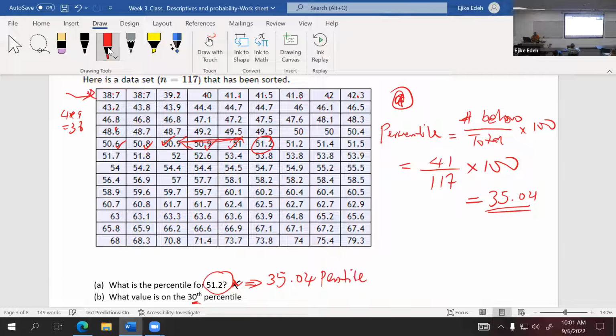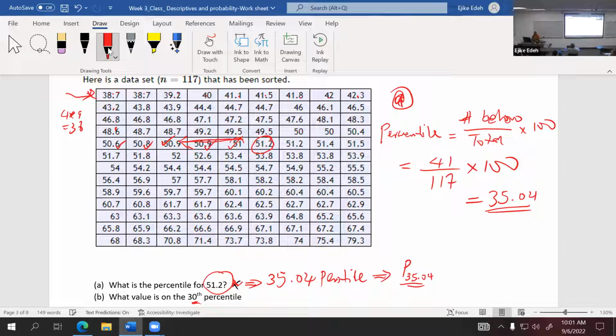Right, that will be the percentile position for that value. In the text, you could see it written like this. It's the same way of writing the same thing. Okay, this is now very clear.